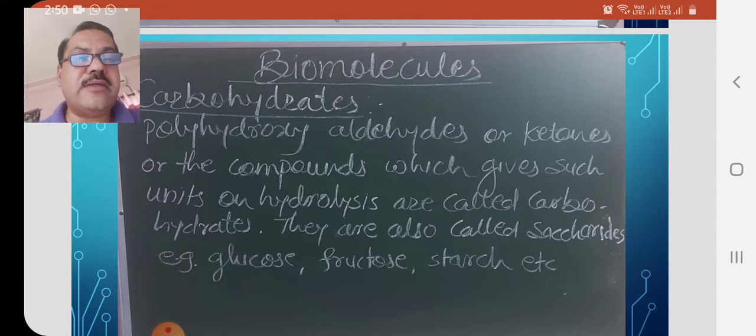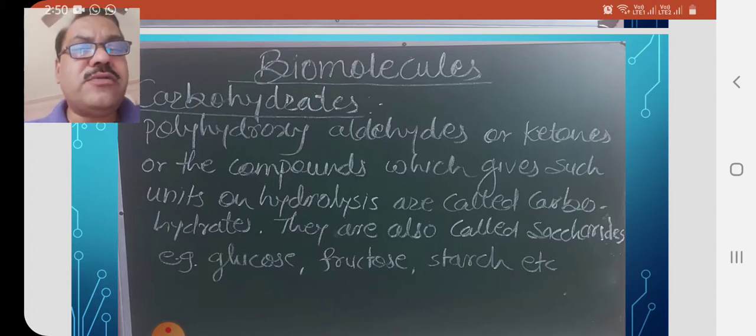That means they contain an aldehyde group, that is the CHO group, or a ketone group, that is the C double bond O group, and these molecules contain polyhydroxy groups, that means more than 2 or 3 OH groups. The polyhydroxy aldehydes or ketones are called carbohydrates, or the compounds which give such units on hydrolysis are also called carbohydrates.